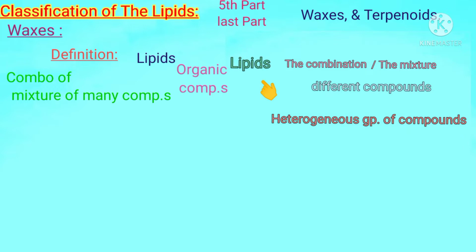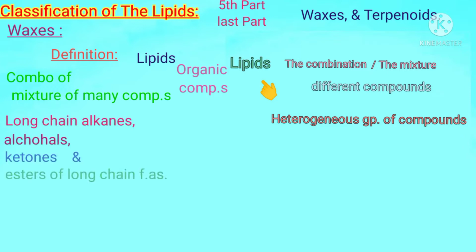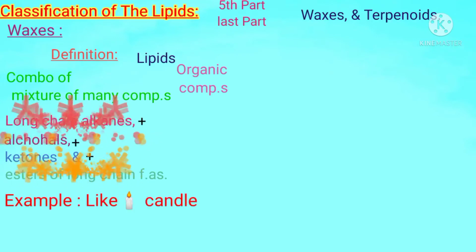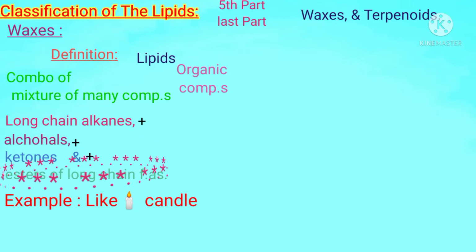Which compounds are included in the waxes? Let's see. Dear students, long chain alkanes, alcohols, ketones, and esters of long chain fatty acids take part in the formation of the waxes. Students, when all these four types of compounds combine, they form a wax.